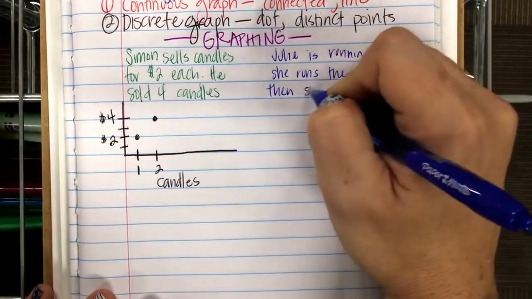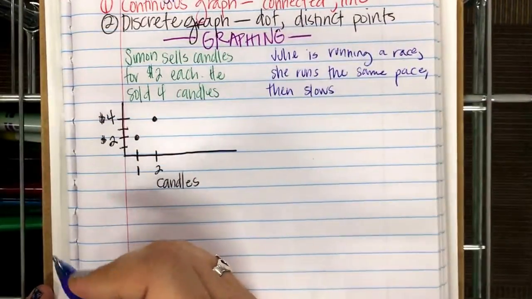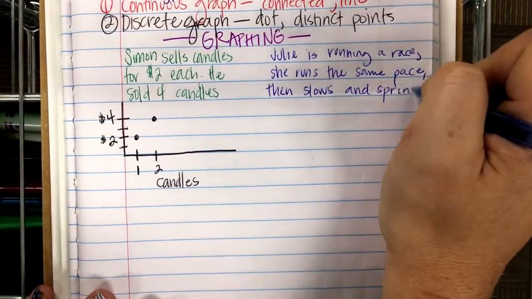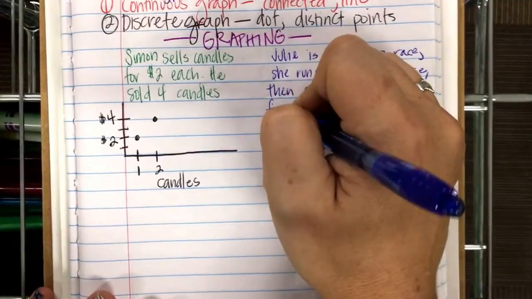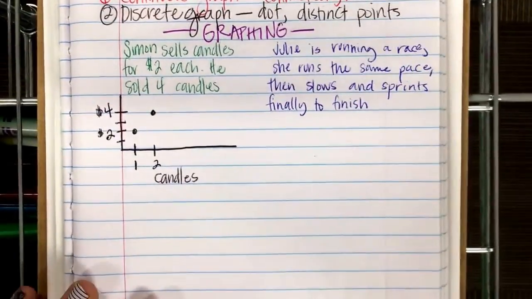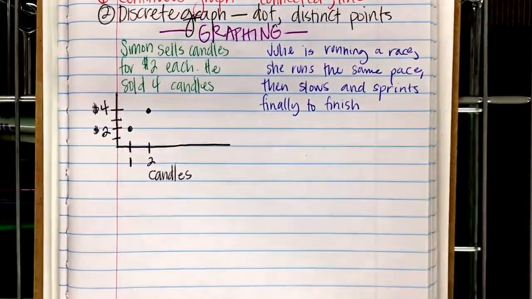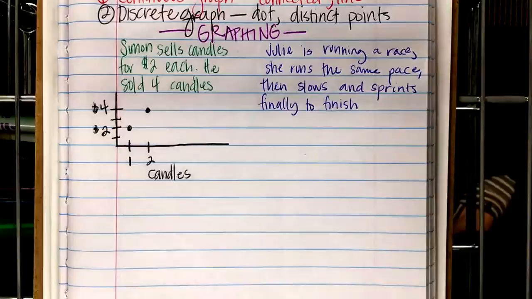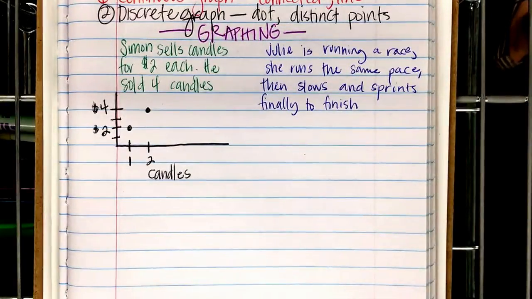Then she slows, she got tired, and sprints finally to finish. Julie is running a race. She runs the same pace, and then she slows down. She's tired. And then she thinks, oh, I'll just finish, and she sprints to the end.